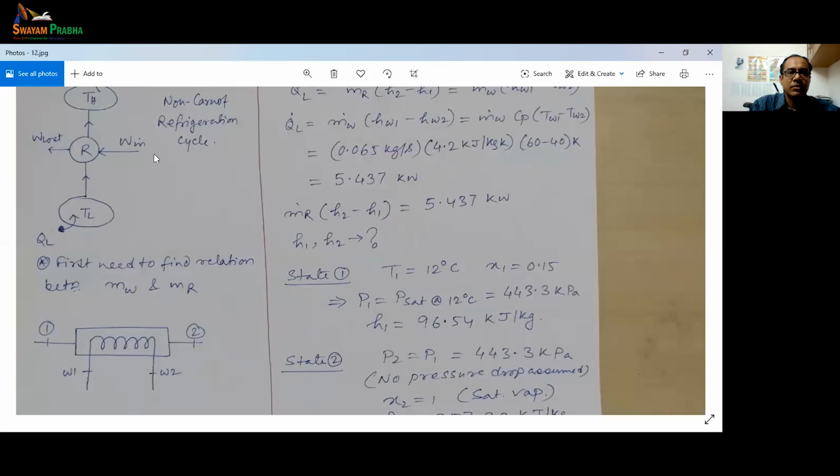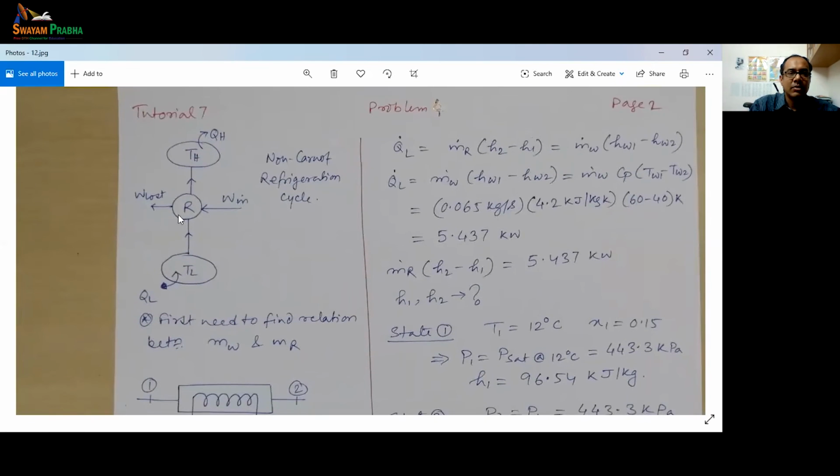So if we draw a schematic, we can see this left hand side figure where the refrigerator or heat pump is taking heat from this low temperature reservoir and dumping it to high temperature reservoir TH, and W in, the work input is put in, and there will be some work lost through the expansion valve as well as through other heat leakage.